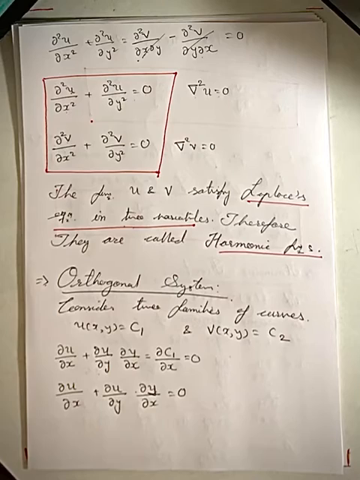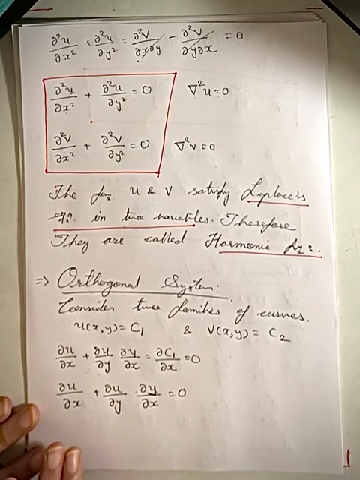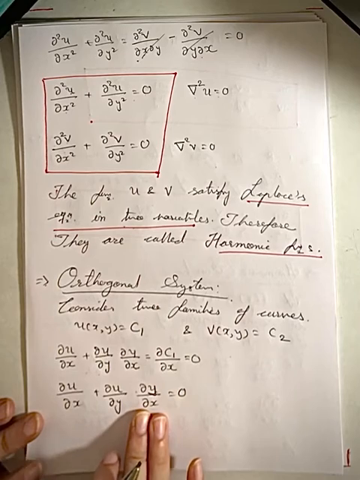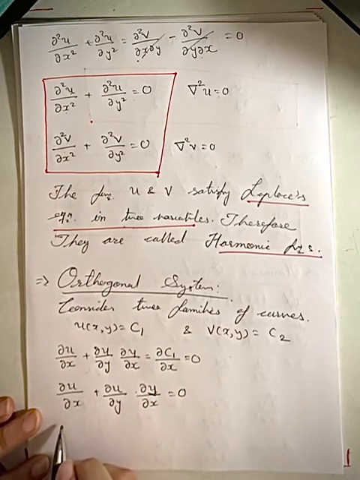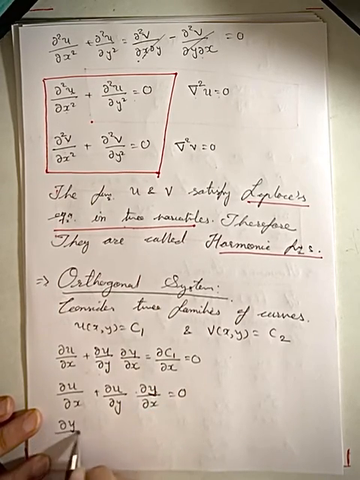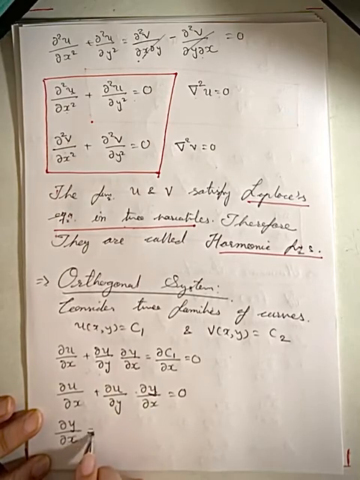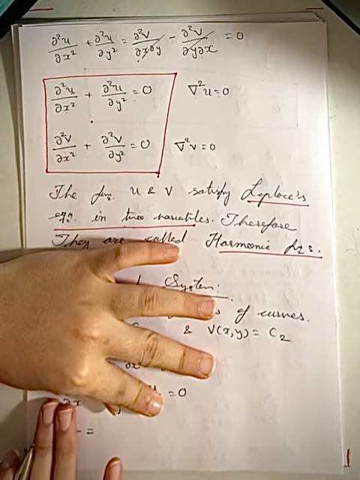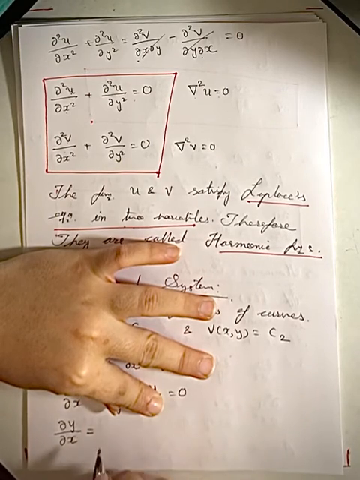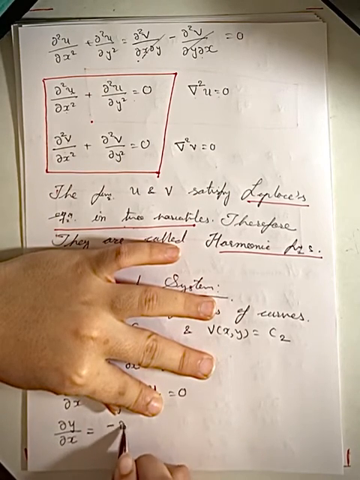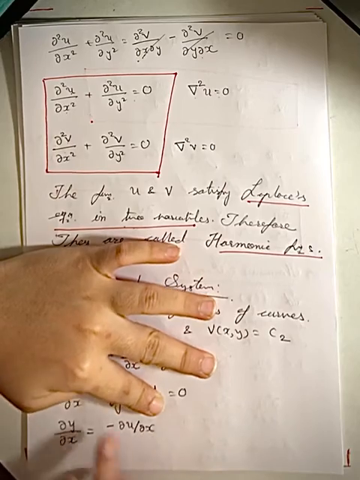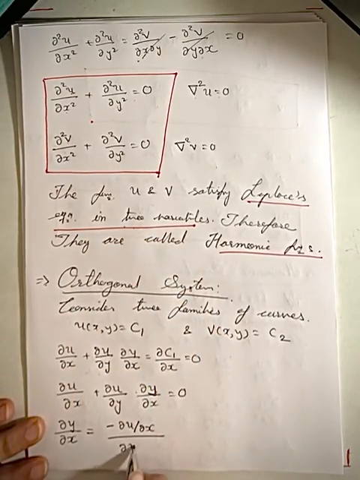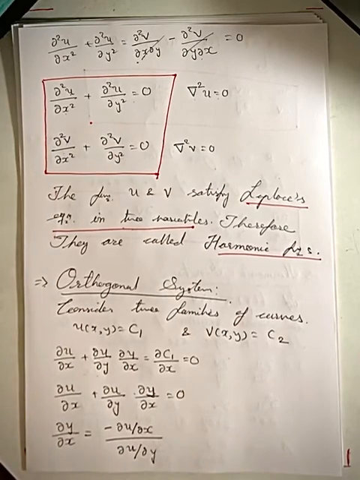Now we make del y by del x the subject, so del y by del x will be equal to, moving this term to the other side, minus del u by del x, and then this will go to the denominator, so del u by del y.